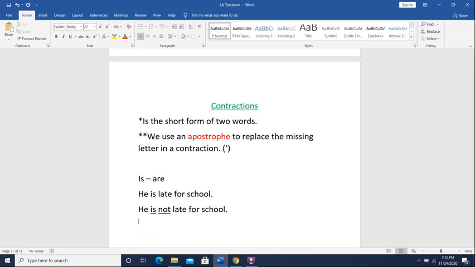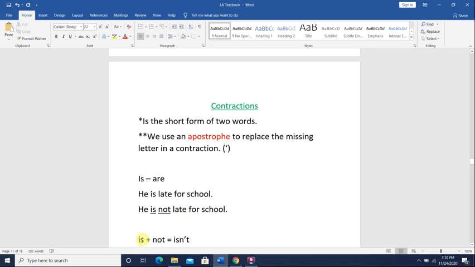Okay, so if I have is plus not, I will write is first, and then I will write the N next to it, and then I will put an apostrophe and take out the O, and then I put the T. So how can I make a contraction?